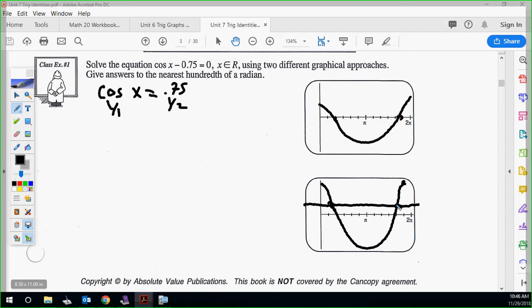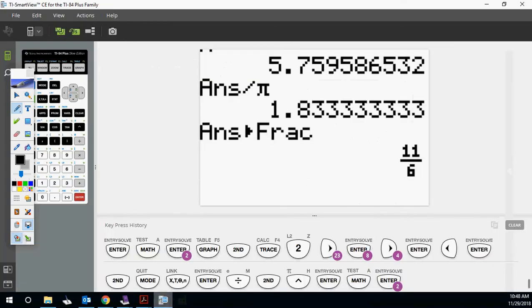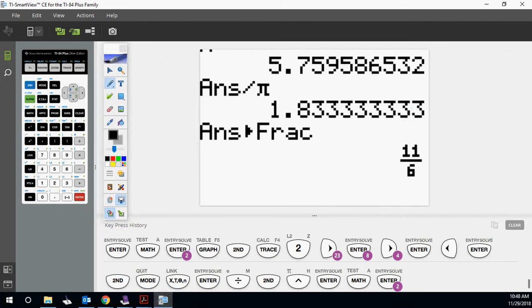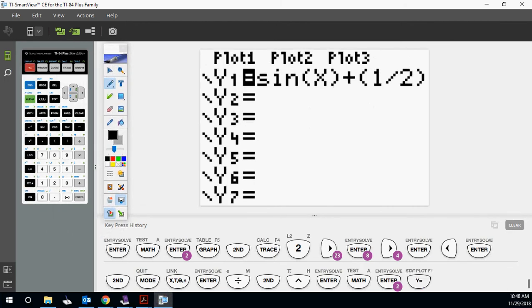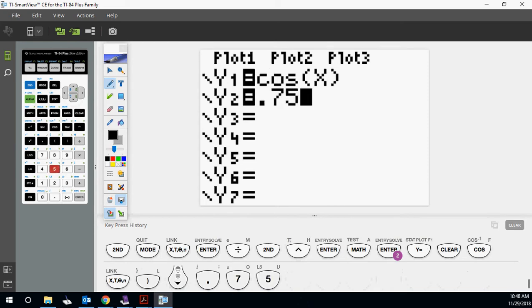Okay. Here we go. So let's go to Y equals, we'll clear this one. We're doing cos x in the first one. We're doing 0.75 in the second one. Let's see, window. My window should be okay.